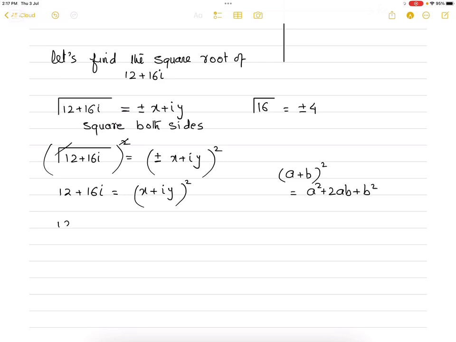So let me write it. This is x squared plus my 2ab, here 2xyi, plus i squared y squared. Let's simplify this.